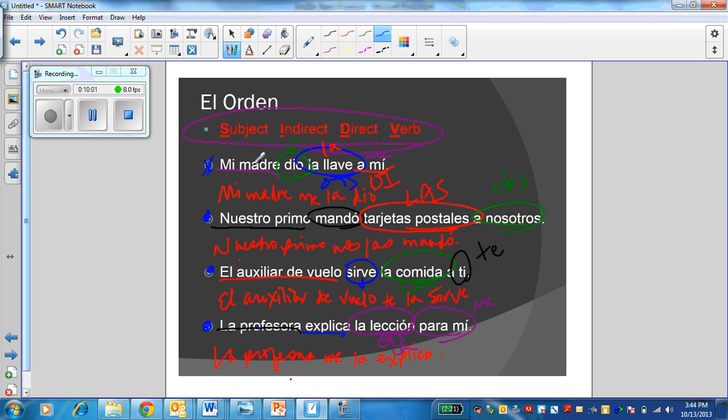Again, pronouns are to help you become more efficient with your speech. Okay? Es para evitar repetición. Okay? So basically, estas son más eficientes.